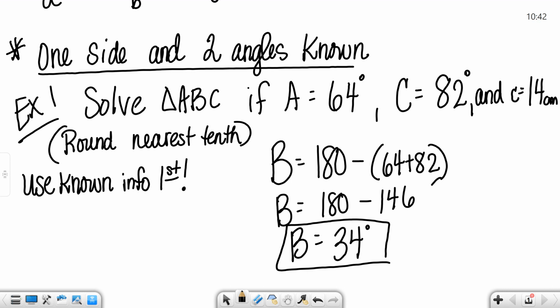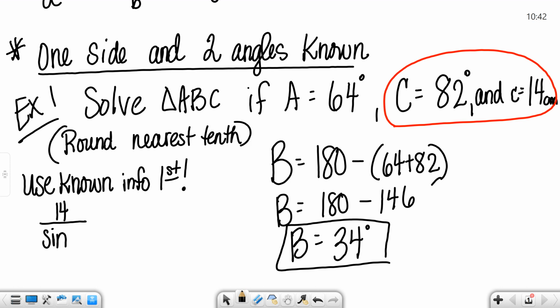Okay, so here's what I mean by that. We use the known information first. This information was known. It was given to us. So let's use that.